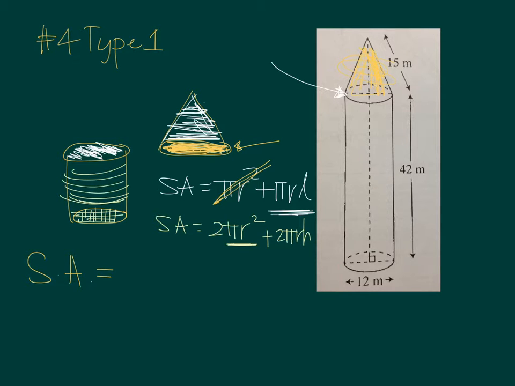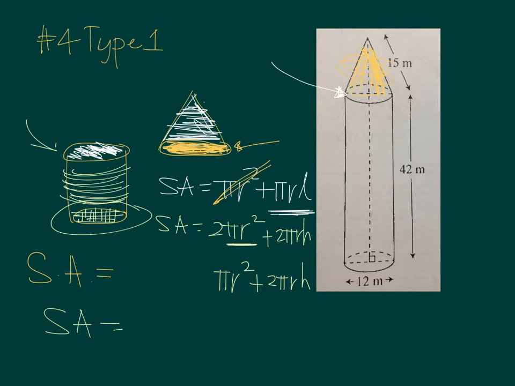So in this problem, we'll be needing only a single pi r squared, that's just this circle and not this circle, and then plus the area at the side, which is 2 pi rh. So all in all, the surface area that we need, from the cone, we only need pi rl, and for the cylinder, one circle, the bottom part, and then plus 2 pi rh.